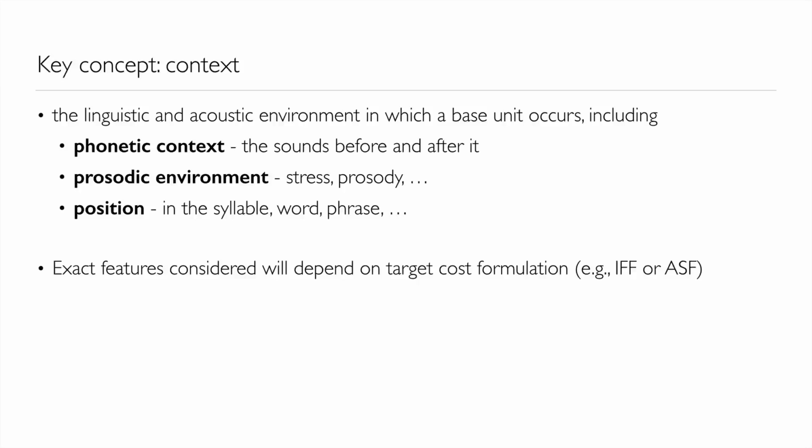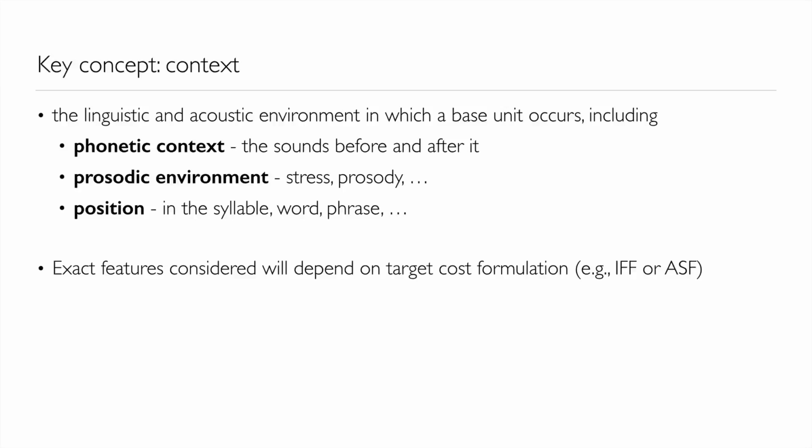Given the base unit type, then, the second key concept is that these base units occur in a natural context. They're in sentences, typically. Now, the context is potentially unbounded. It certainly spans the sentence in which we find the unit, and we may even want to consider features beyond the sentence. And the number of linguistic features that we consider to be part of the context specification is also unlimited.